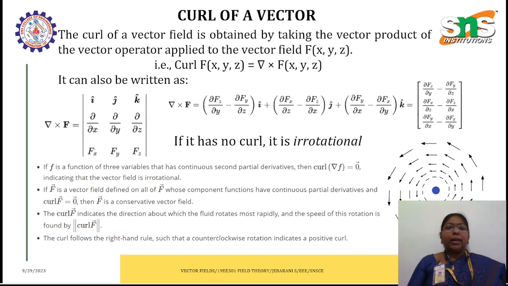And if the curl happens to be zero, then we say that it is an irrotational vector. If the curl has a value, then it becomes a rotational vector. And the curl can have a positive value as well as a negative value. The orientation, the direction changes.